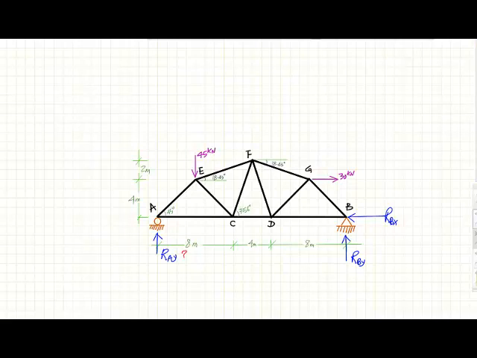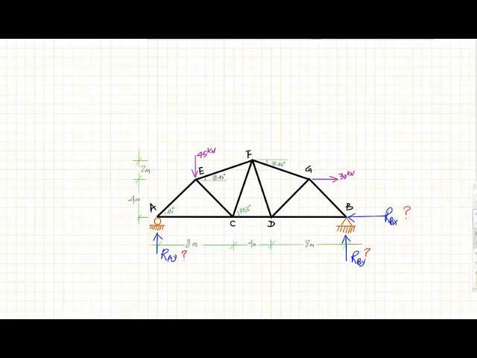So this is one unknown, this is the second unknown, and this is the third unknown. Now what we learned previously is that we have three equilibrium equations, and with three equilibrium equations we can resolve three unknowns, so it is valid for us to calculate these three unknowns.